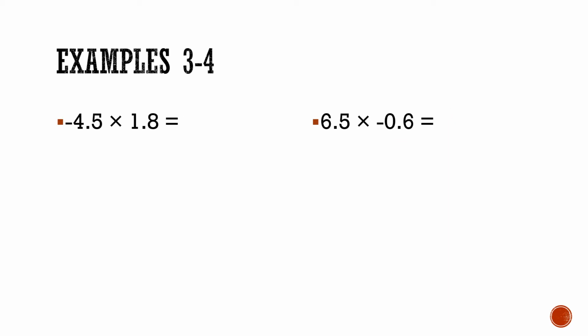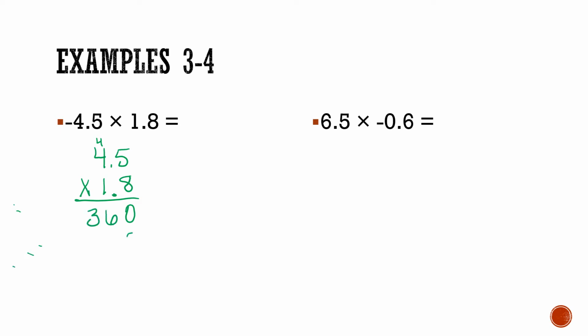Okay, in example 3, we have 4.5 multiplied by 1.8. 5 times 8 is 40, so 0, we're going to carry our 4. 8 times 4 is 32, plus 4 is 36.